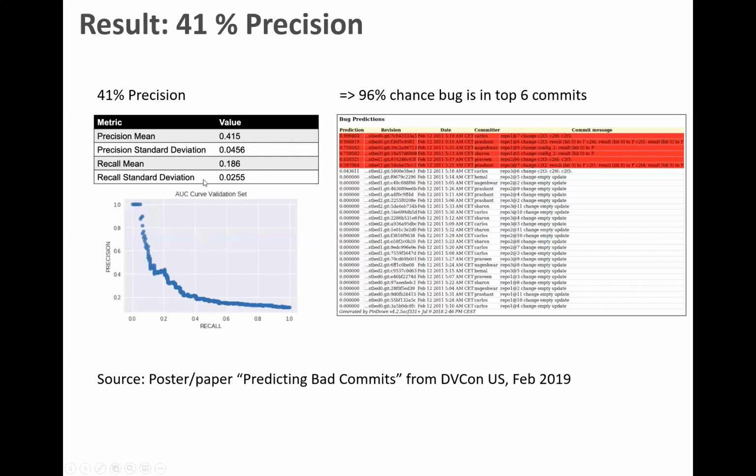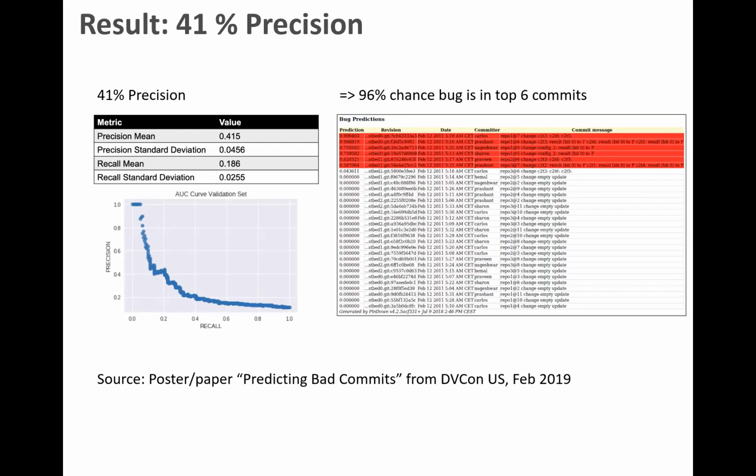So in this case we got 41% precision on real customer data, and that means that when Pindown says that this commit is bad, it's correct in 41% of the cases, which maybe doesn't sound good, but it's 10 times larger than the chance of just guessing wildly, because in real life maybe 1 in 25 commits is incorrect.